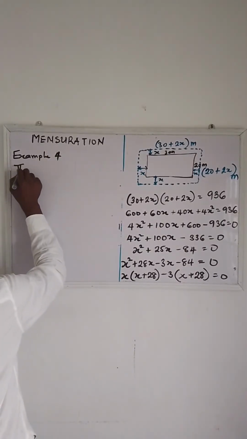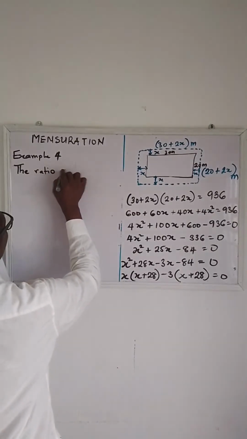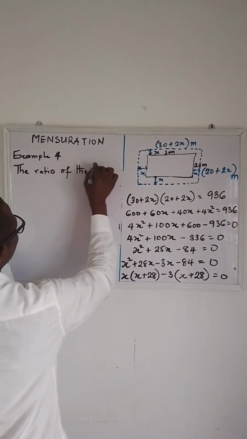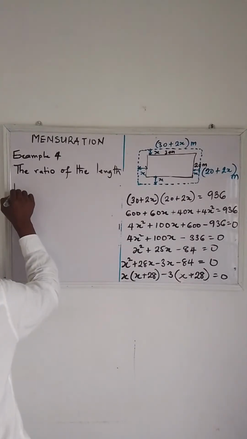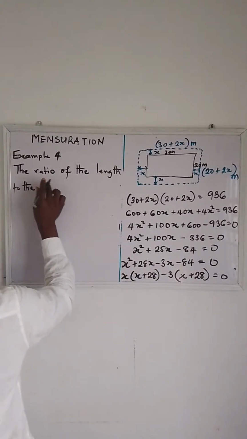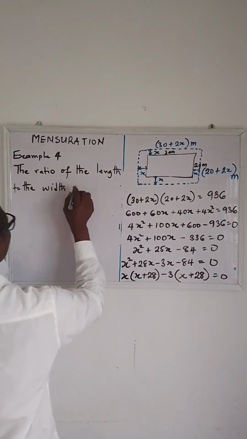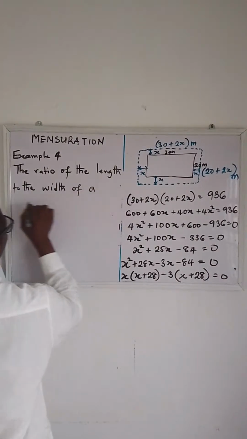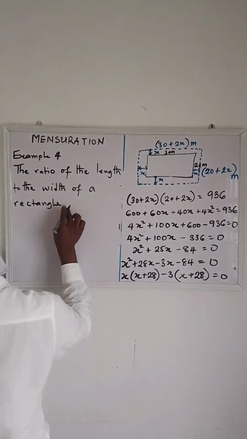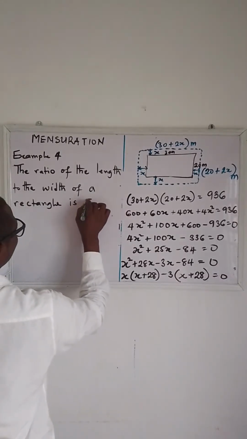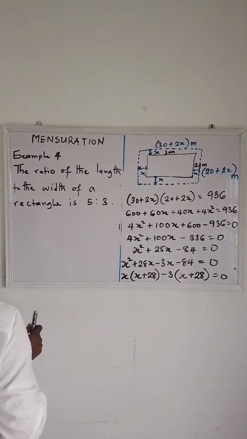Now the ratio of the length to the width of a rectangle is 5:3.